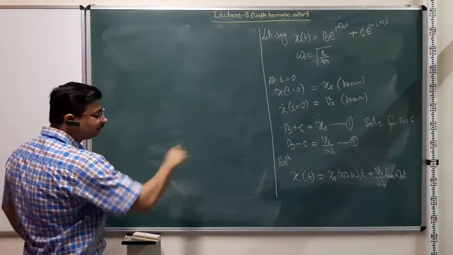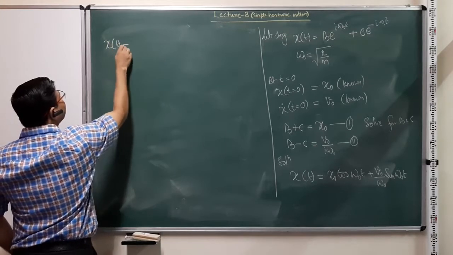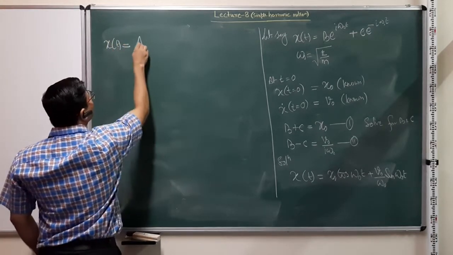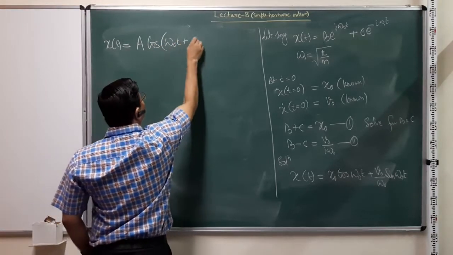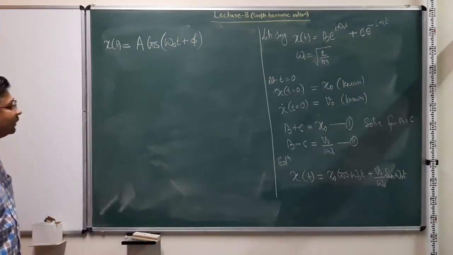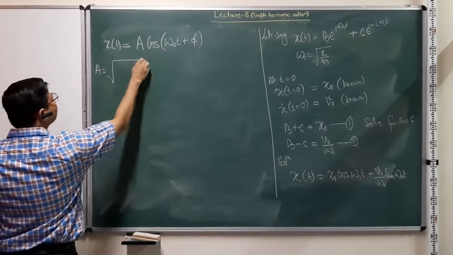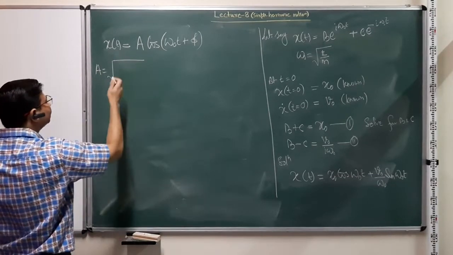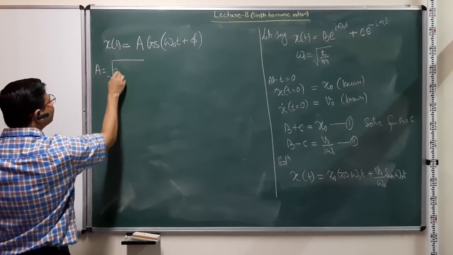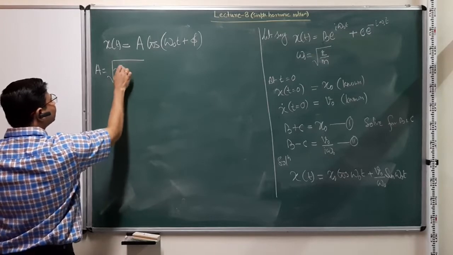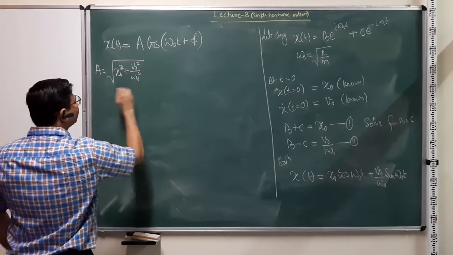And what I can do is further compactify it. So I'll write x of t as A cosine of omega naught t plus phi. Okay, so I've compactified it like this, where A, with back substitution you can confirm, is the square root of x0 square plus v0 square over omega naught square.